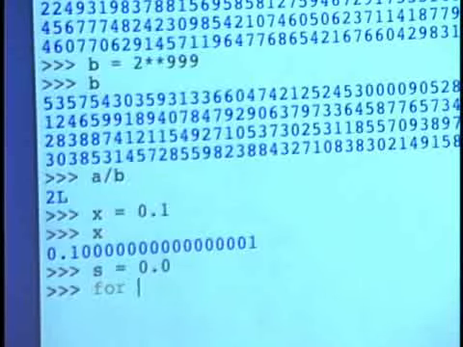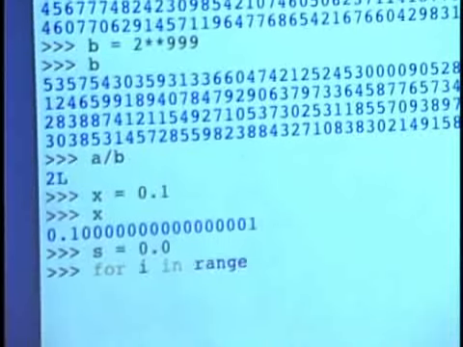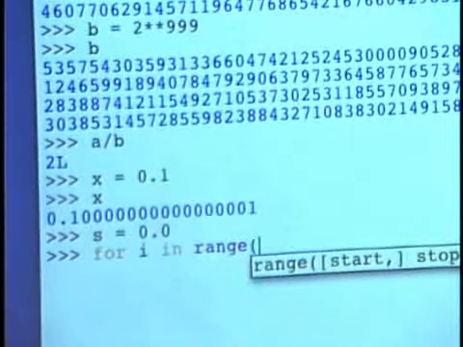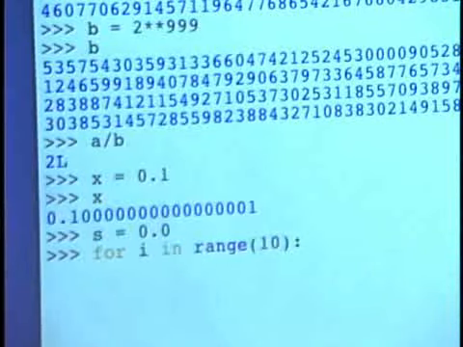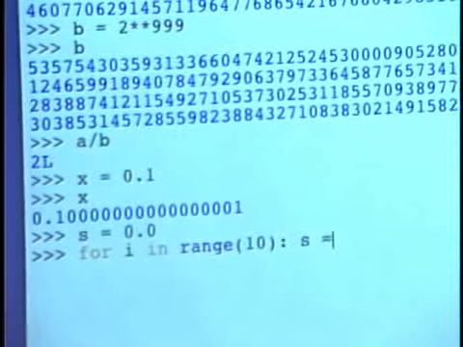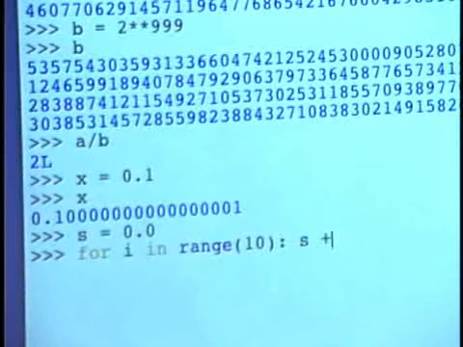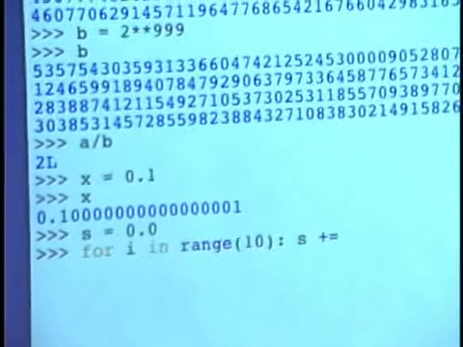I'll start by setting the variable s to 0.0. Notice I'm being careful to make it a float. And then for i in range, let's take 10, we'll increase s by 0.1.